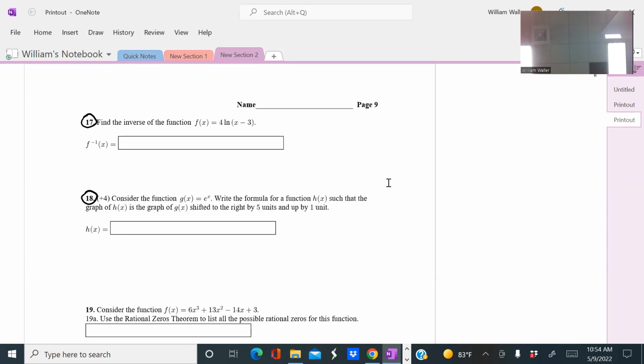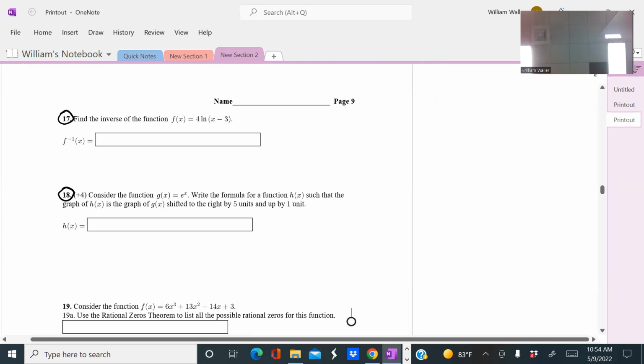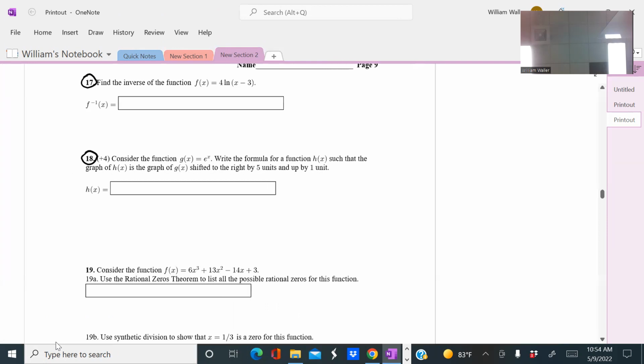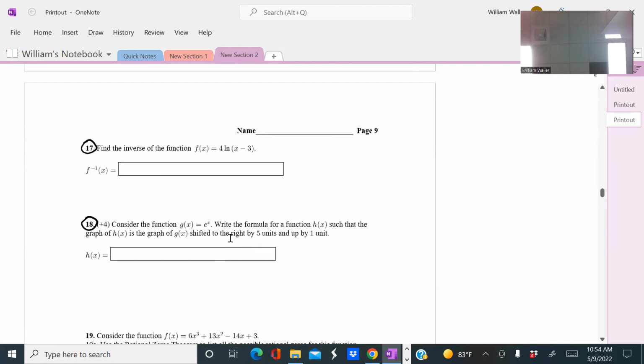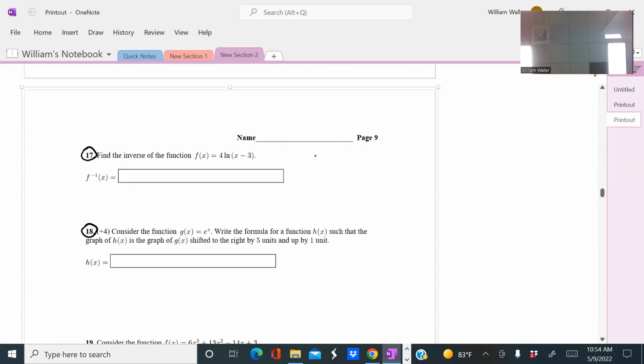First, take the f of x and put y instead of f of x. So we have y is equal to 4 times the natural log of x minus 3. I haven't really changed anything so far. I've just written y instead of f of x.